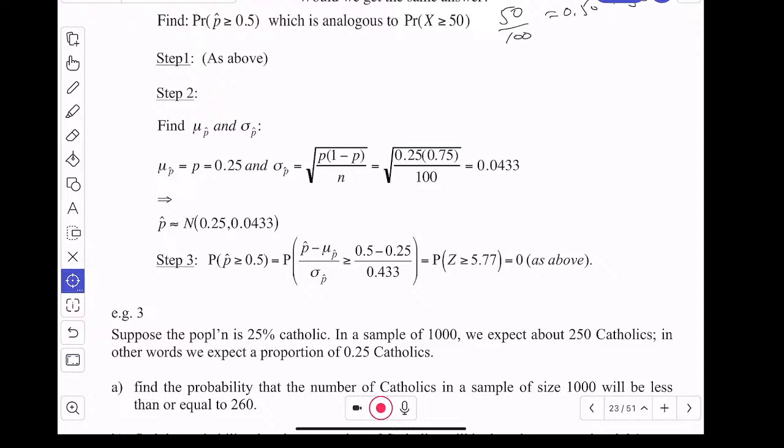Again, the thing you need to learn here is calculating the mean and standard deviation of these otherwise binomial variables. So I have some other exercises for you to try. Verify the remaining ones on your own.